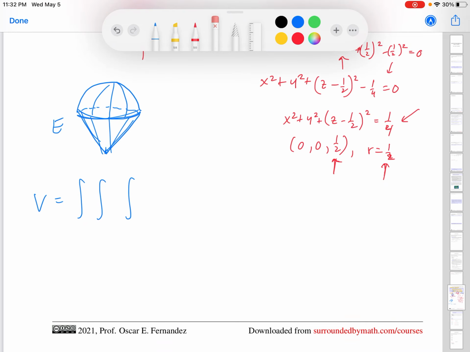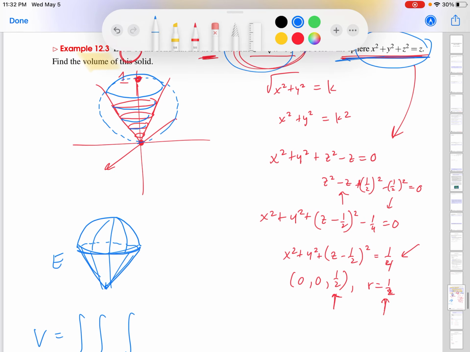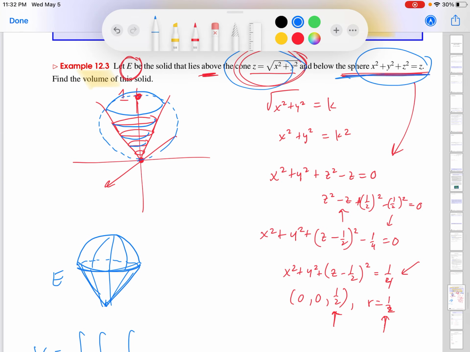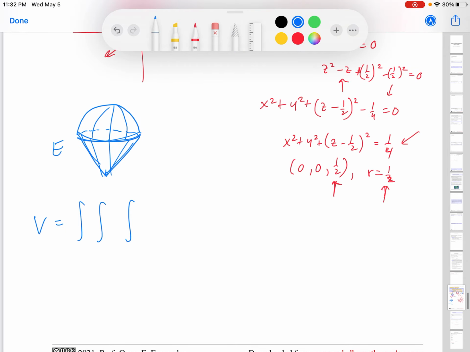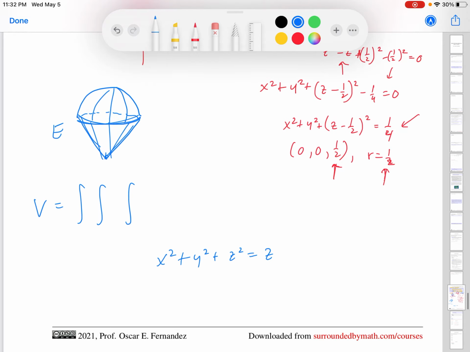I'm not going to write the integrand first, because I have z's here and I don't want to solve for z. So let's convert the sphere equation to spherical coordinates. How do we do that? Remember that in spherical coordinates, x squared plus y squared plus z squared is just rho squared. That's nice. And z is rho cosine of phi.